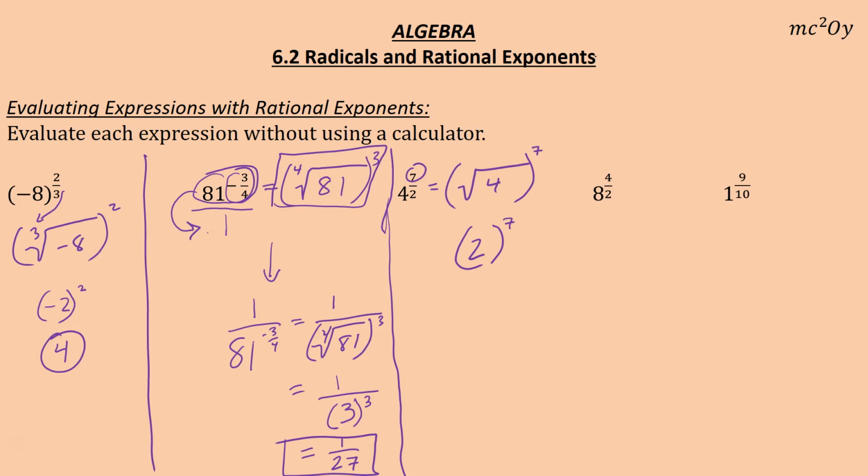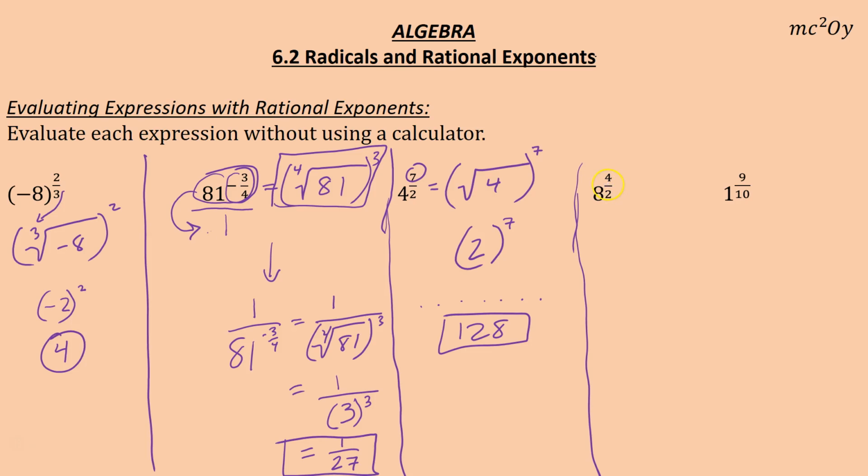I like to use my fingers to count it. 2, 4, 8, 16, 32, 64, 128, that's 7 of them. So 2 to the 7th is 128. And notice I didn't have to put plus minus because there wasn't a plus minus in front. That's only if you have to write it out in this format, and it wasn't given to you that way. Okay, so 128.